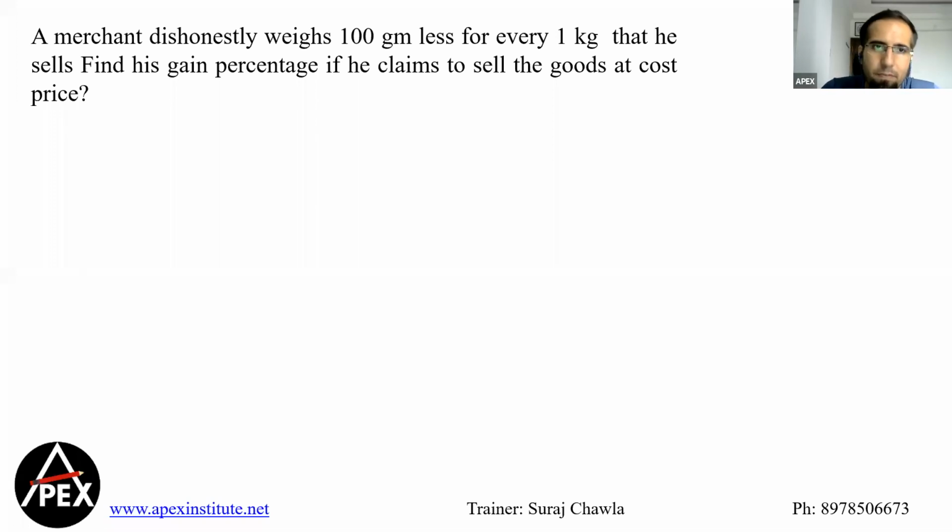Yep, let's see this, guys. So a merchant dishonestly weighs 100 grams less per every 1 kg that he sells. Okay, so what is happening here?